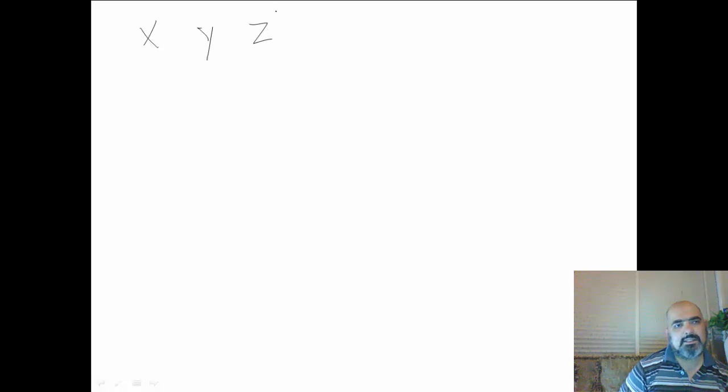So when we say x, it's a given that it's x to the power of 1, and actually it is 1 times x to the power of 1. We don't write it like that, we just write it as x. Same for y and z, which are y to the power of 1 and z to the power of 1.